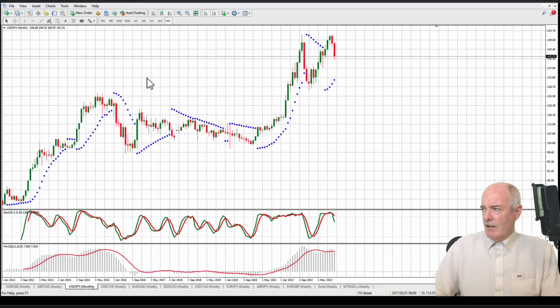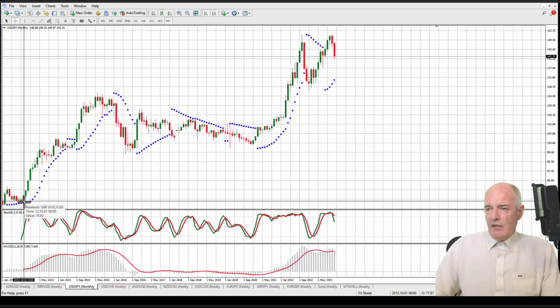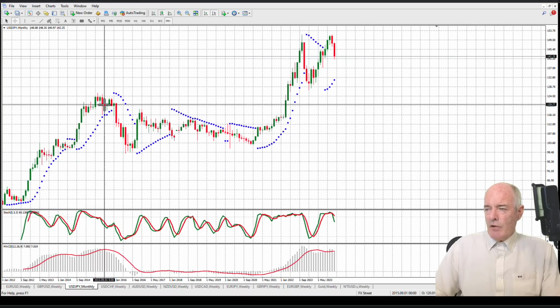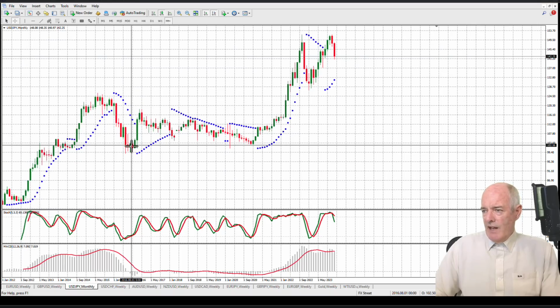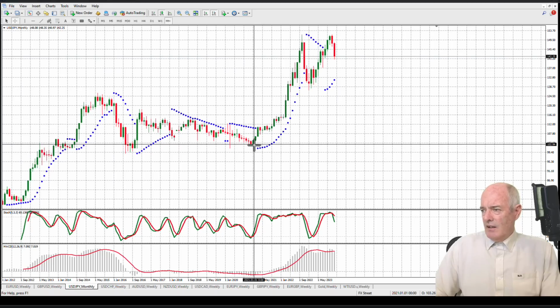Probably not enough data on this chart, but you can see, well, in fact, there is. Back in 2012, the dollar yen was like 77 yen to the dollar, very, very low. And it just rose and rose and rose for many reasons. It fell down in 2016, and starting in 2021, sort of post-pandemic, it was rising.